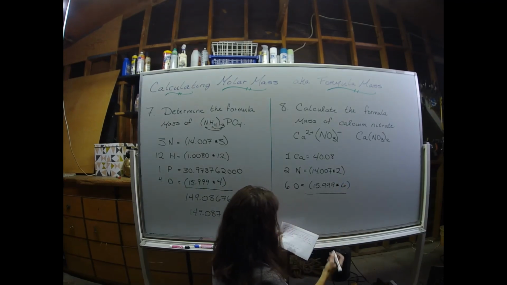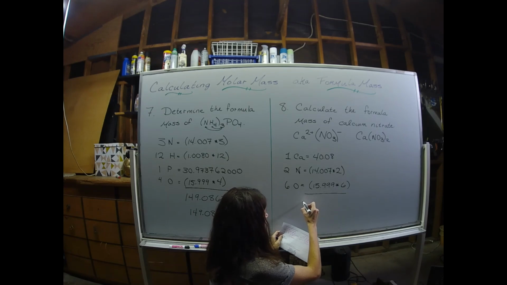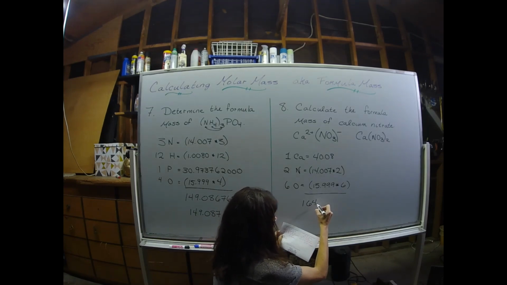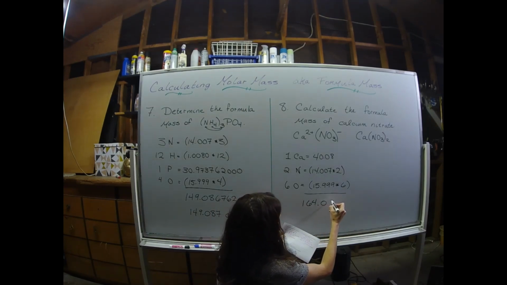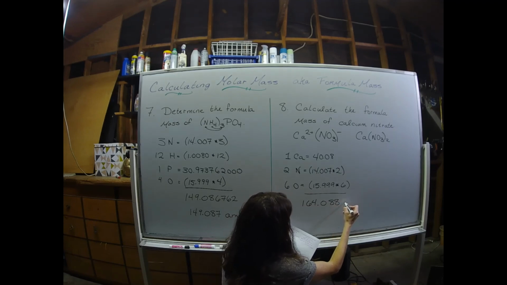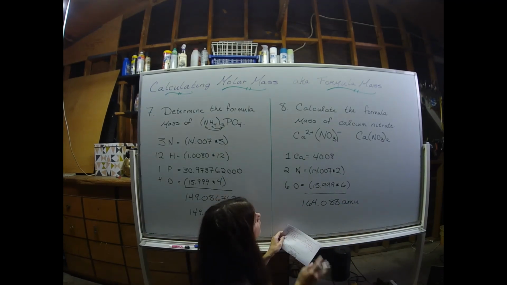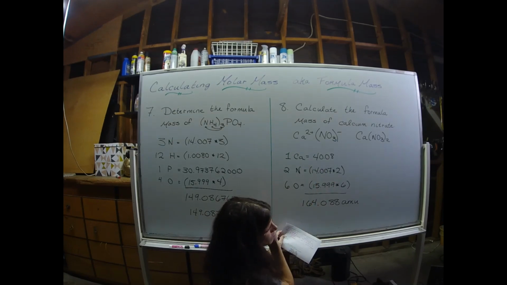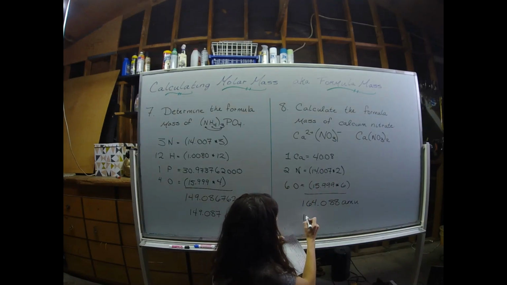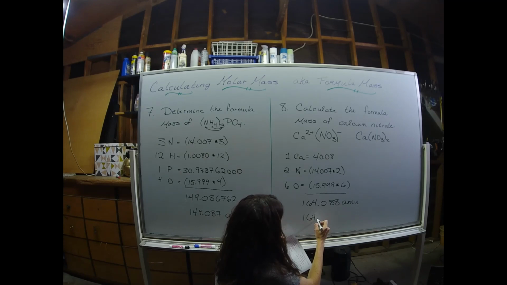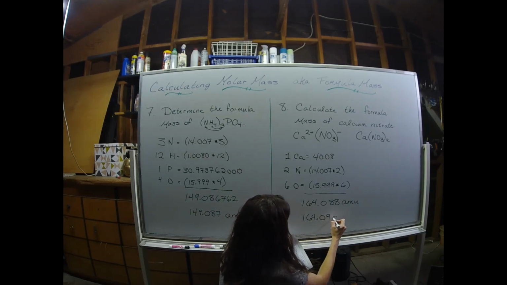So I'm going to say that this has a mass of 164.088 AMU. If I needed to report a final answer, because of calcium, it just has 2 decimal places, I would have to say it has 164.09 AMU.